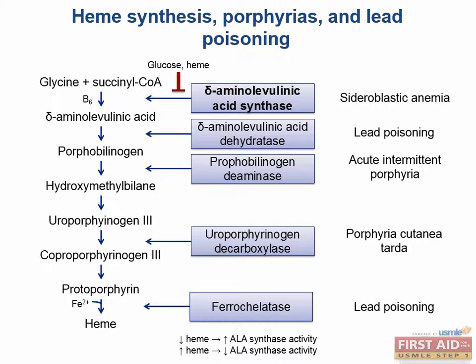So we talked about the pathophysiology of lead poisoning, acute intermittent porphyria, and porphyria cutanea tarda, but how do they present? We've discussed a little on the clinical presentations of lead poisoning, but here are a few key situations where if you see them on the boards or in real life, you should think about lead poisoning.